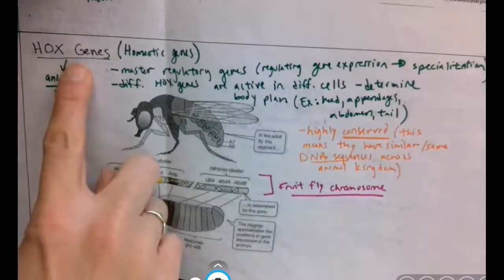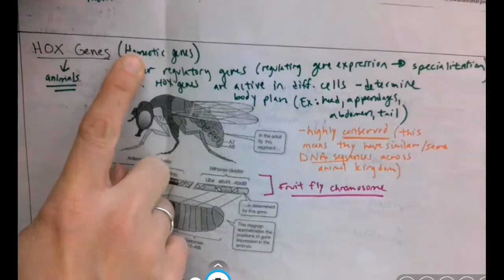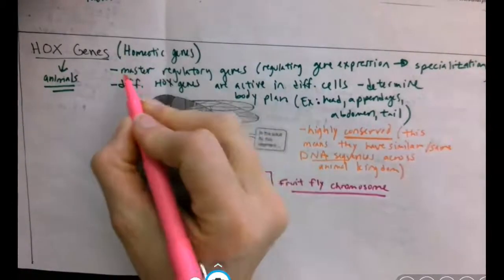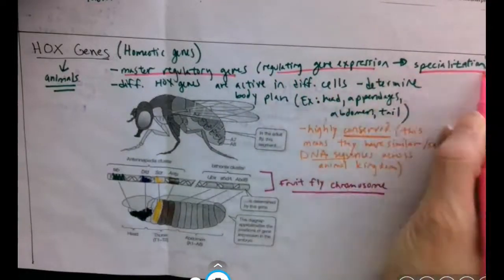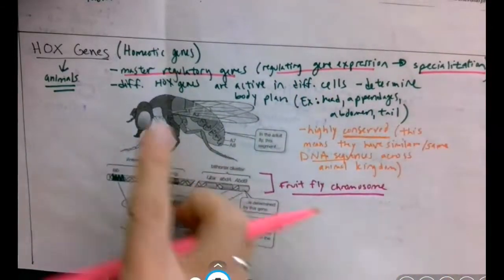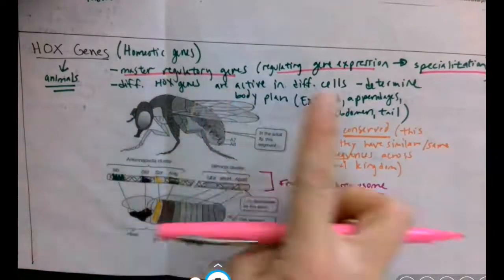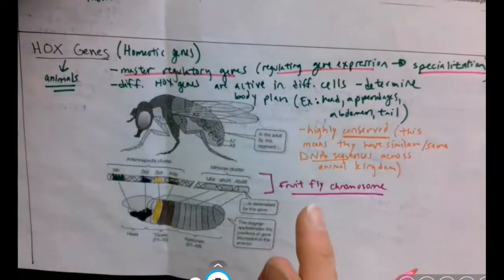So these Hox genes are also known as homeotic genes. These are master regulatory genes. They regulate gene expression, leading to cell specialization. Different Hox genes are active in different cells, which determines your body plan. For example, the plan for where your head, your appendages, your abdomen, your tail is.